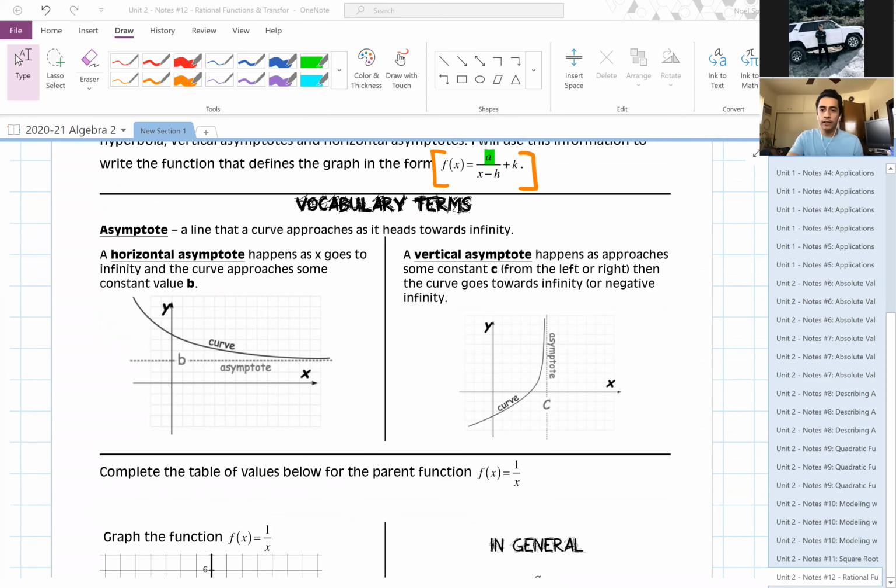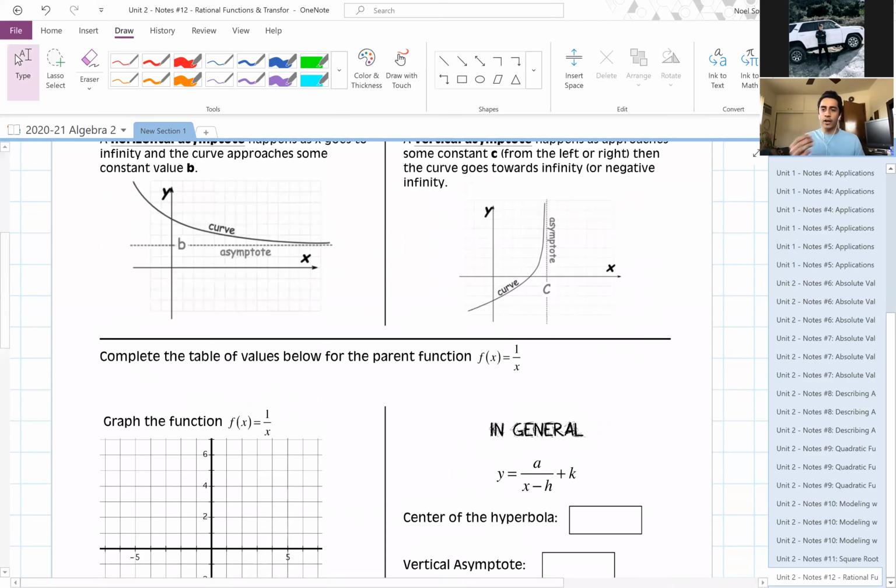So the unique thing is that there isn't really a vertex when it comes to rational functions. What there is, we call it the center of the hyperbola. But that isn't really all that useful to us necessarily. So the one thing that we don't really discuss with rational functions is this idea of a vertex or a starting point.